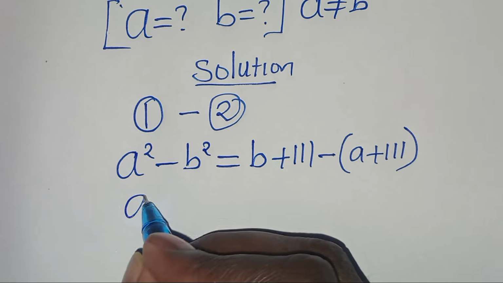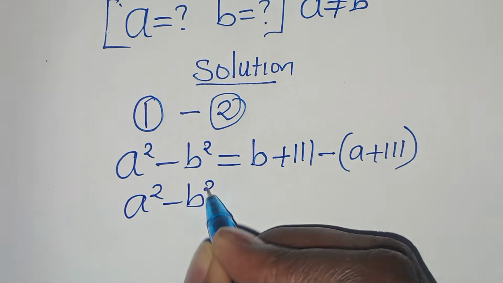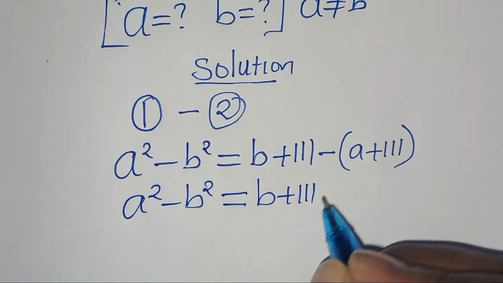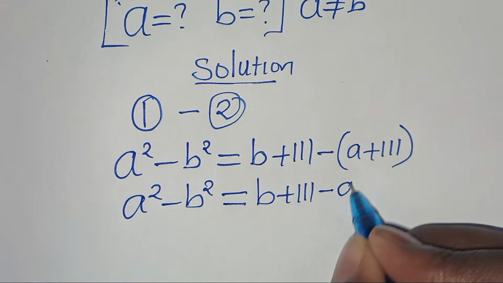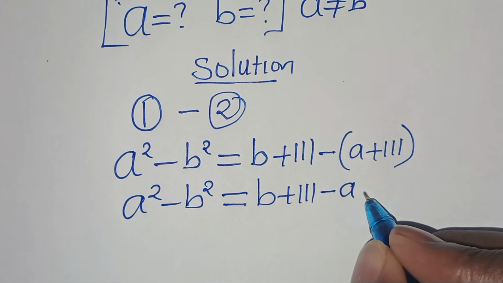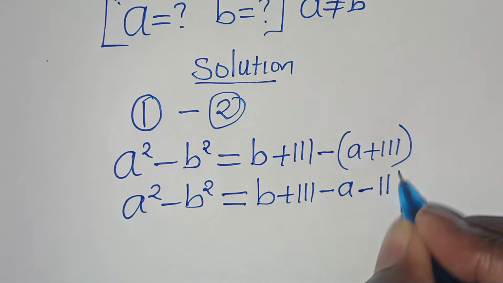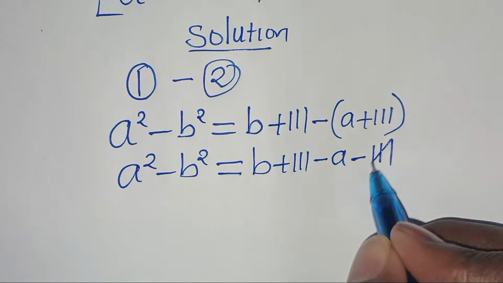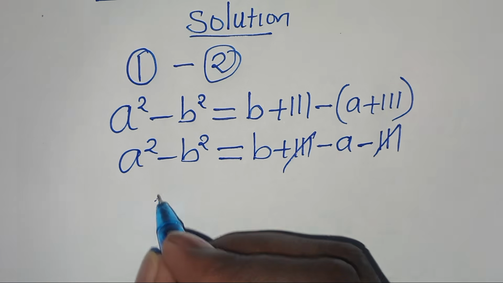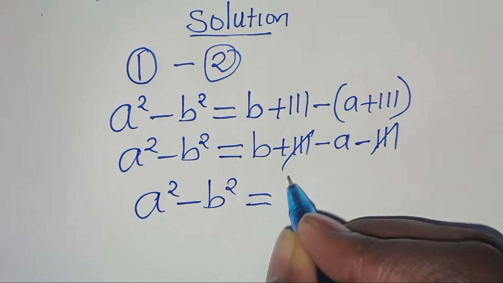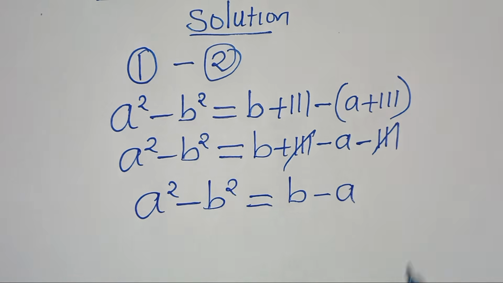Now this is a to the power of 2 minus b to the power of 2, equal to b plus 111 minus a minus 111. This simplifies so that we have a squared minus b squared equals b minus a.